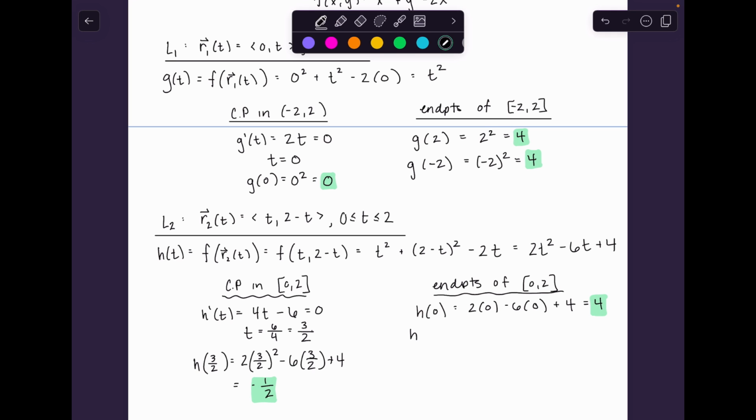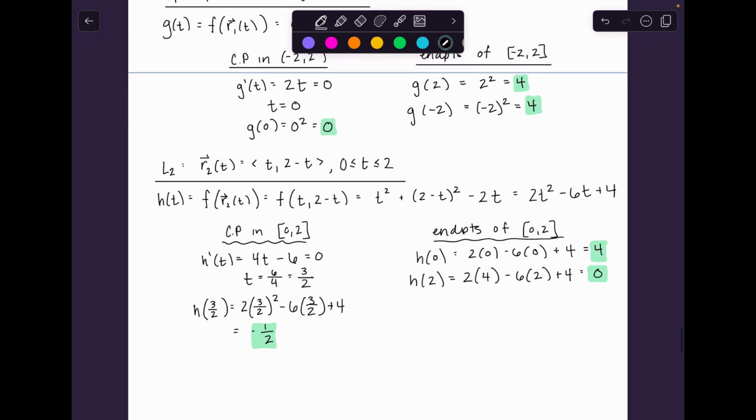And then if I plug in 2, be 2 times 2 squared minus 6 times 2 plus 4. So this will end up equaling 0, because that'd be 8 minus 12 plus 4. So again, possibility for an extreme value. Okay. So we've got 2 of the 3 lines.